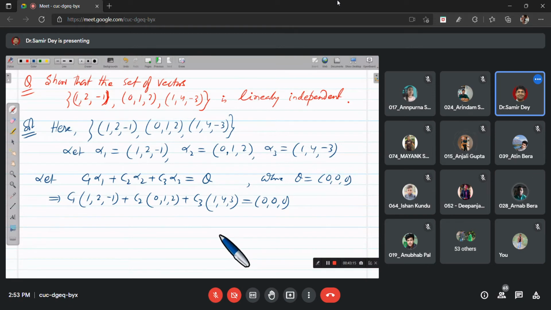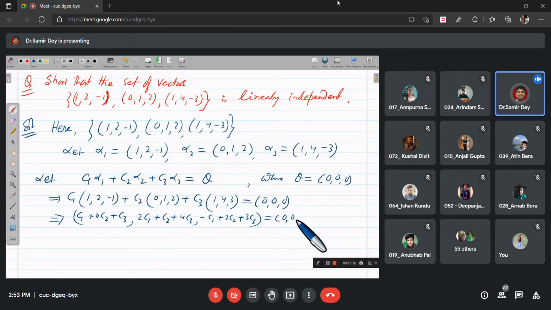Now we can write from here: C1 plus 0C2 plus C3, 2C1 plus C2 plus 4C3, minus C1 plus 2C2 plus C3 equals 0, 0, 0.